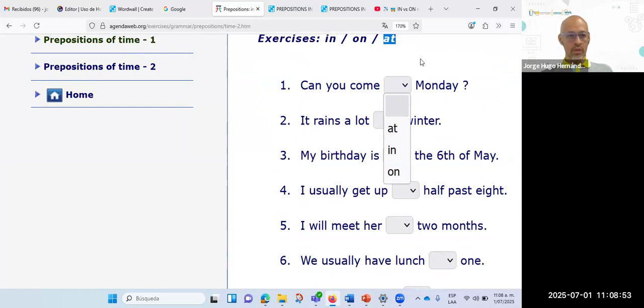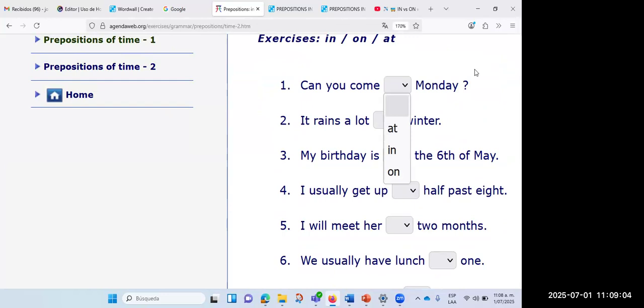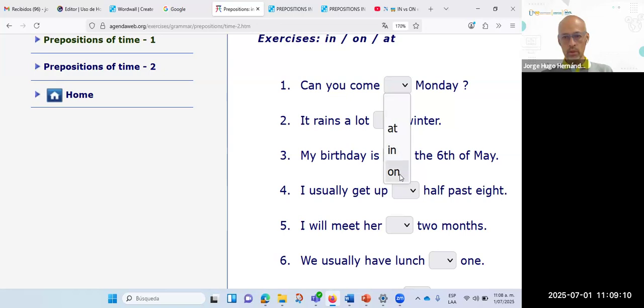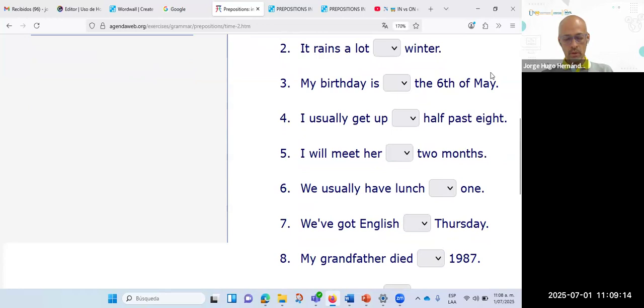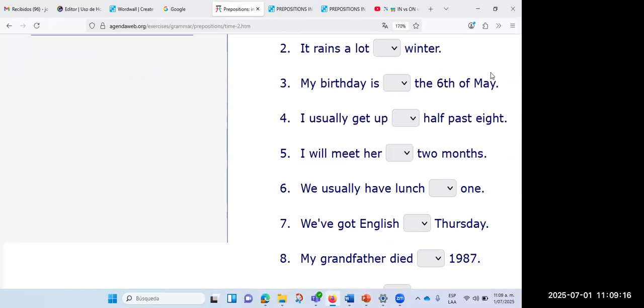We're going to start with Ingrid. Please, Ingrid, read number 1, choosing the right preposition. Can you come on Monday? On Monday. Okay, can you come on Monday? Number 2, Kiara. It rains a lot in winter.